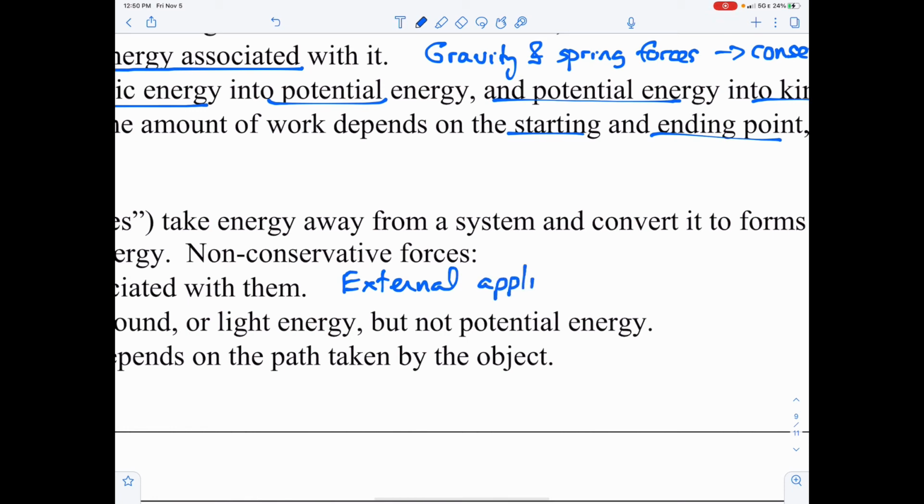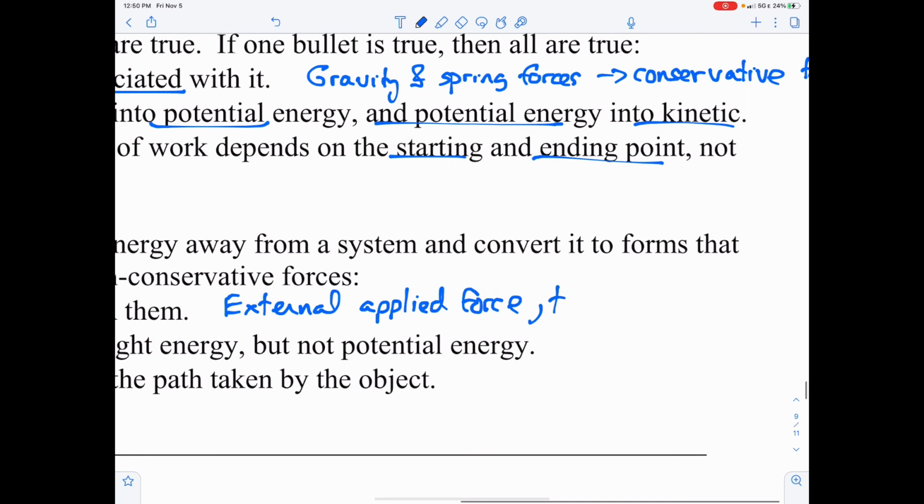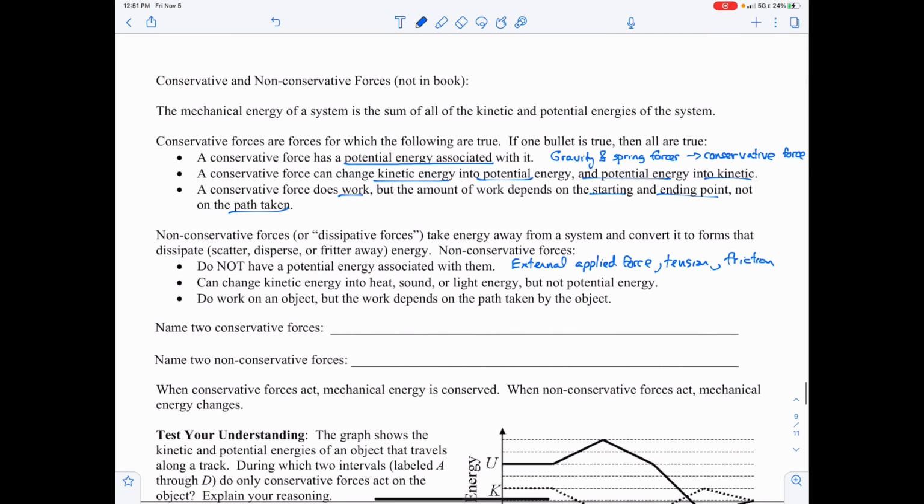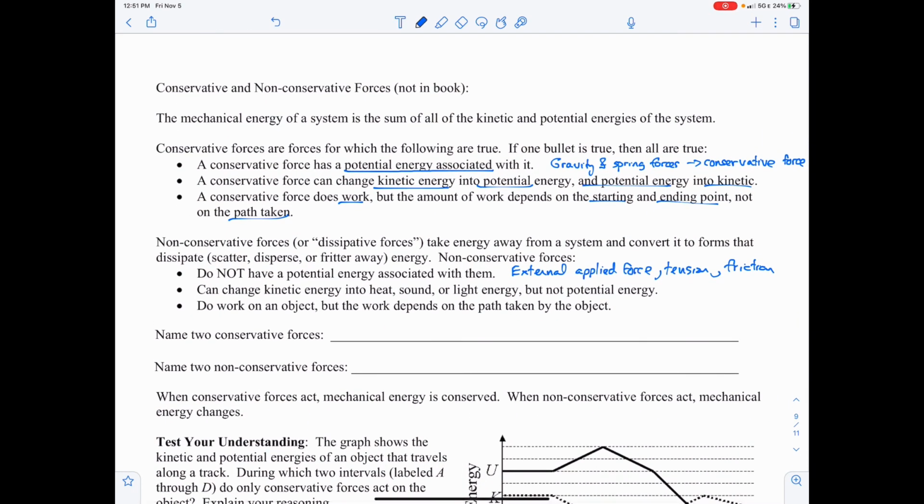External applied force. External tension. Say there's an external rope that's accelerating an object. Or possibly even friction. These are all things that would change the mechanical energy of something. They change the kinetic energy into heat, sound, or light energy, but not necessarily potential energy.